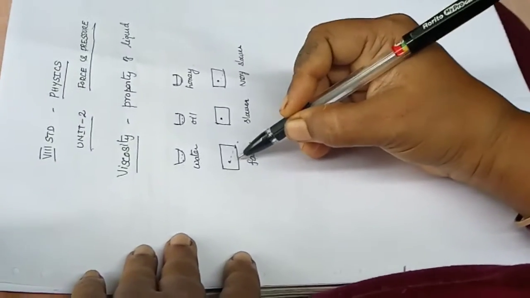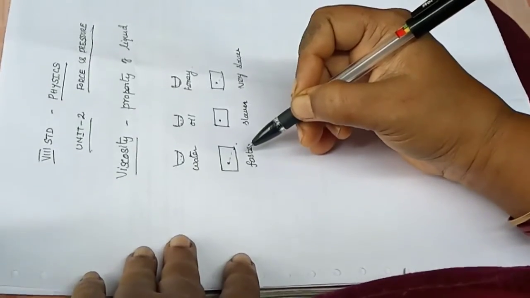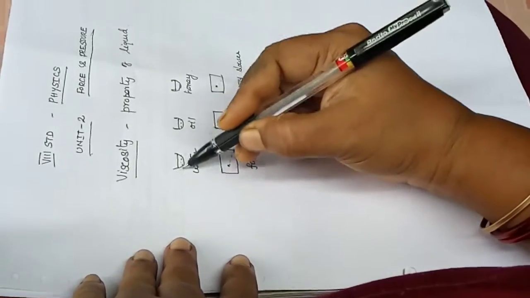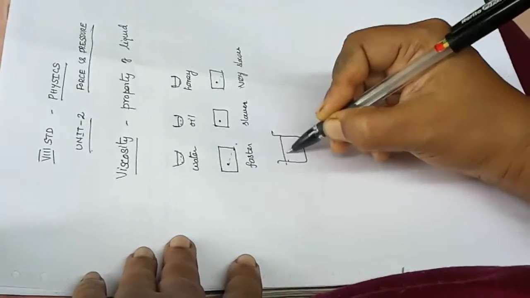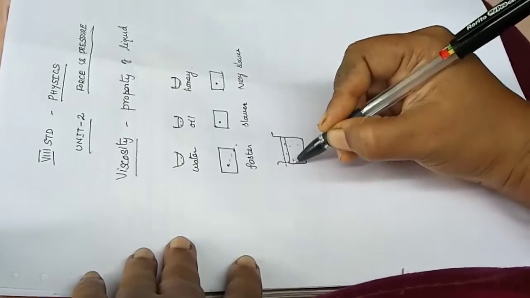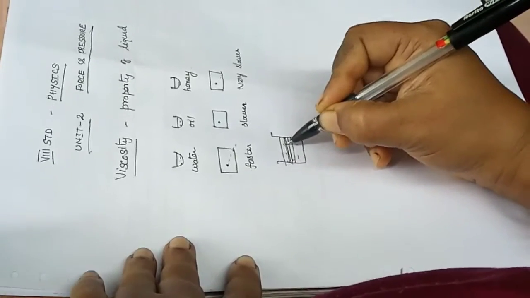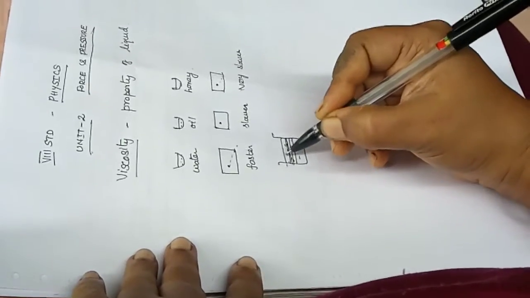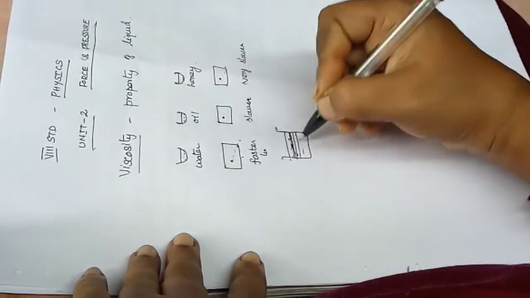This movement of the three liquids happens because of the force from the relative motion between each layer of a liquid. For example, if you take water in a beaker, it can be imagined as different lines, and there is relative motion between each layer of the water. This force between the layers is less in water, that's why it moves faster.